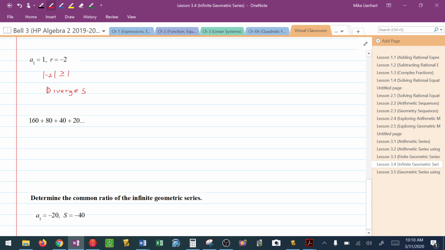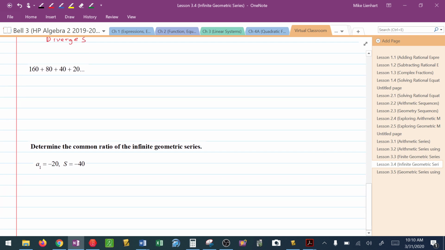All right, so how about this scenario now? All right, they're not telling me the R value, but I can find it. I know that R is going to be 80 over 160, which would simplify to 1/2. This converges. And because it converges, I can find its sum.